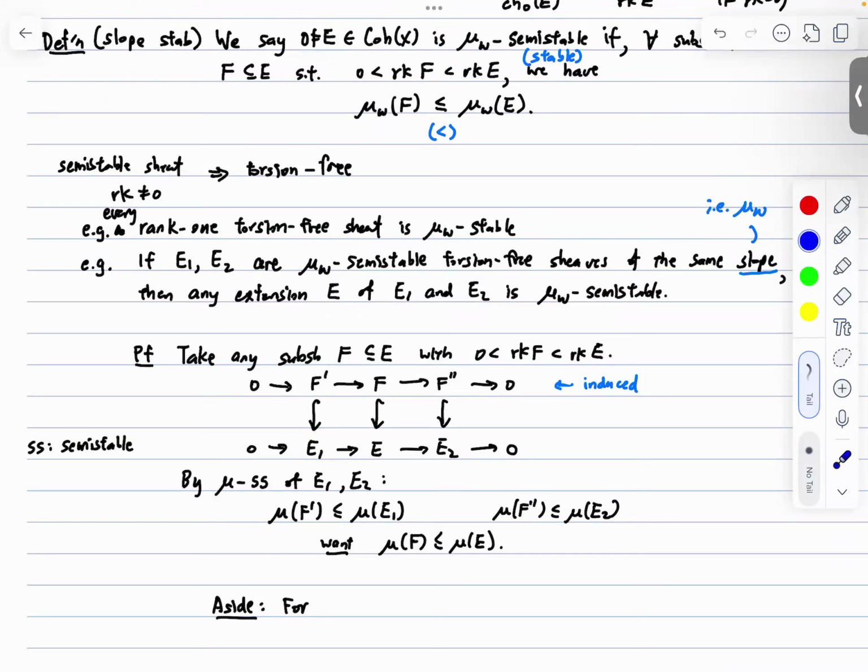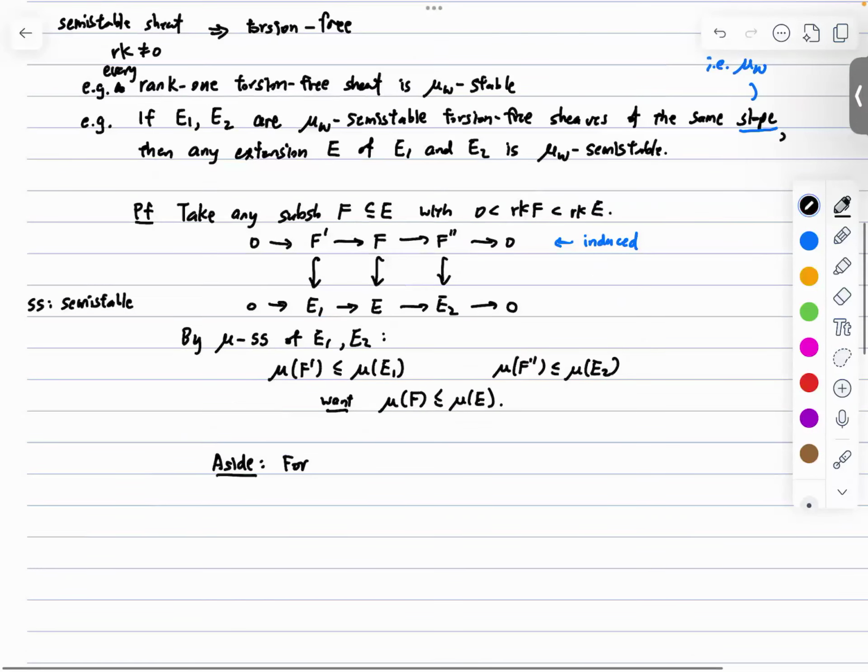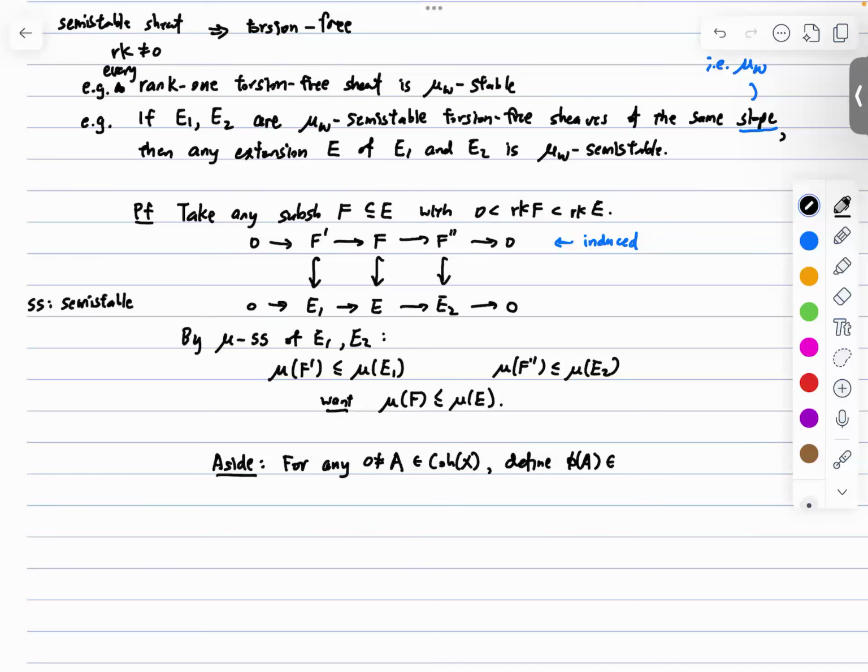Now I'm going to define a somewhat different number for a non-zero coherent sheaf that actually plays the same role, even though it looks different. If we take any non-zero coherent sheaf on X, let's define a different number, which we'll call phi. This is going to be a number between 0 and 1.